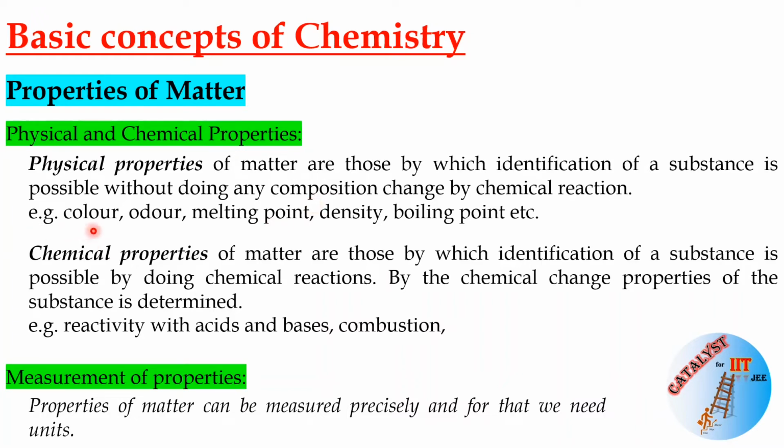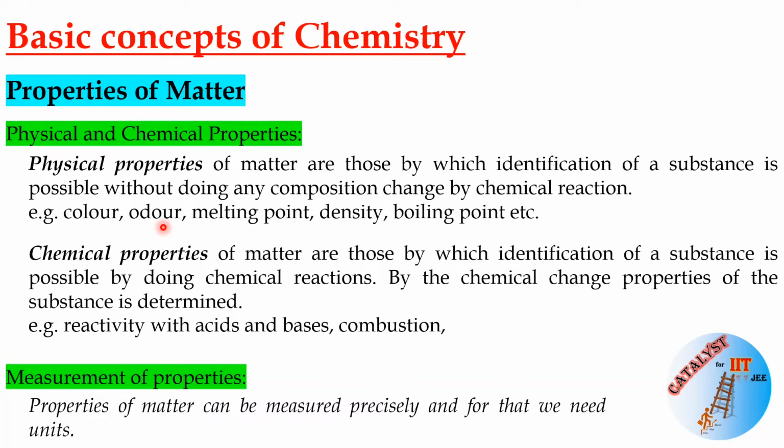Like color, you can see the color of a matter, and from color sometimes you can identify a product. Similarly, odor or smell is also a good physical property by which you can identify a particular matter. Like, as you all know, there are some chemicals like ammonia. From the smell you can identify that this is ammonia. But water has no odor or smell.